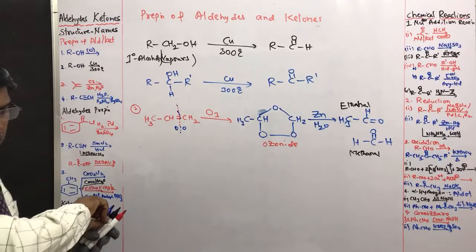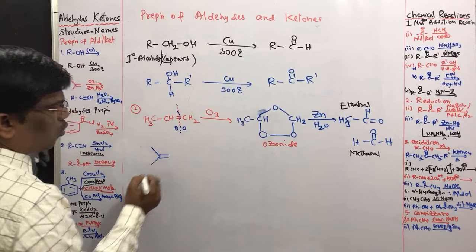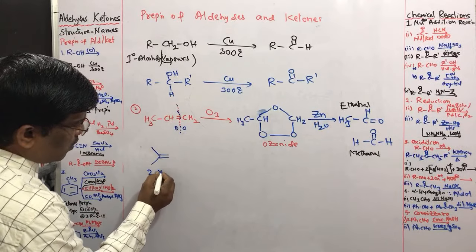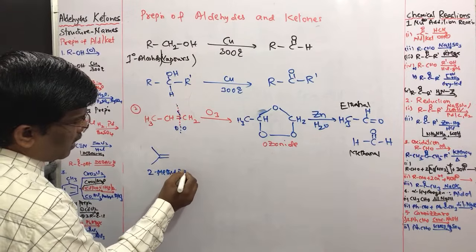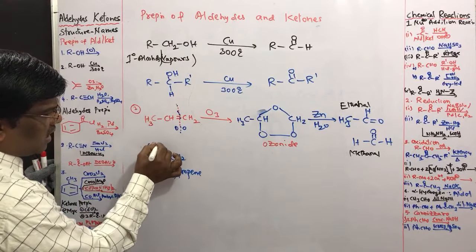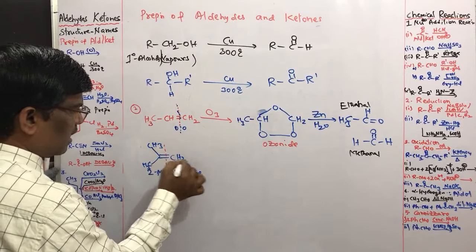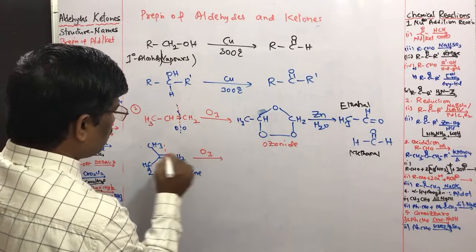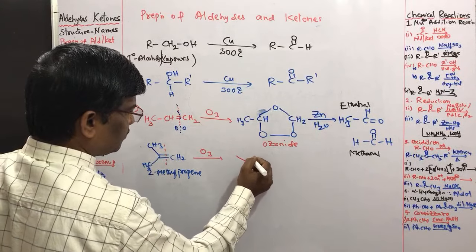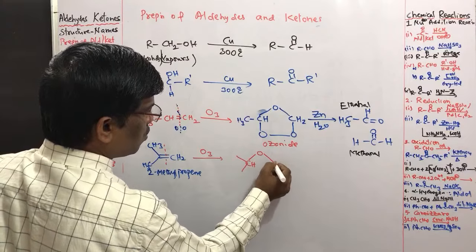Next, when I take 2-methylpropene, how to write it? I can write CH2 here, CH3. Simply break here, and when you add ozone, you can write the structure like this, with O and CH2.